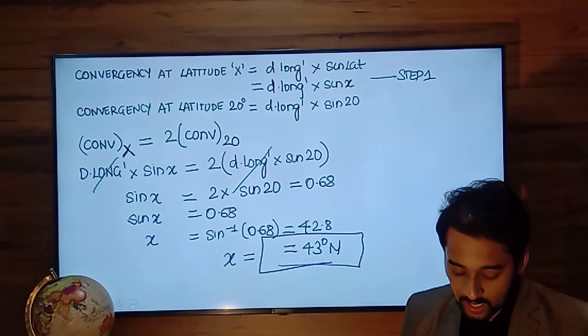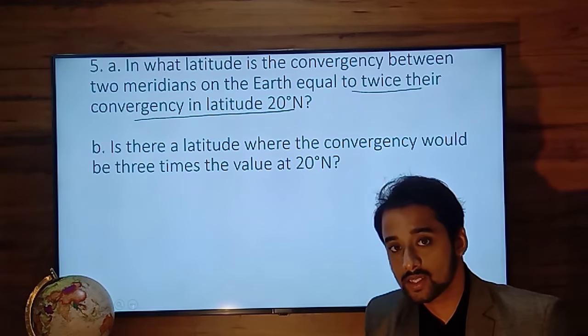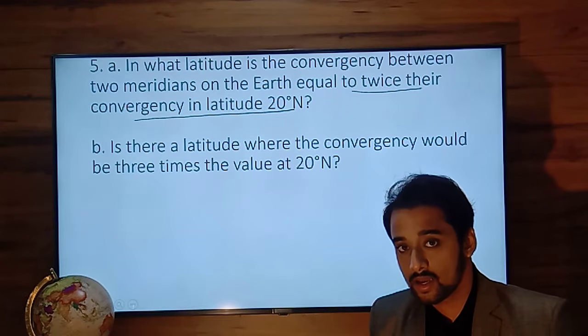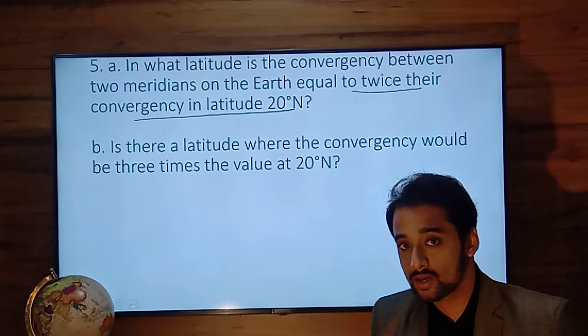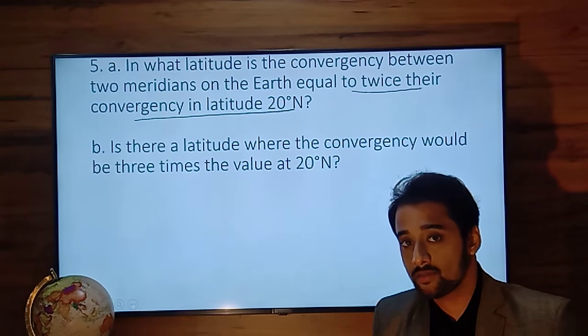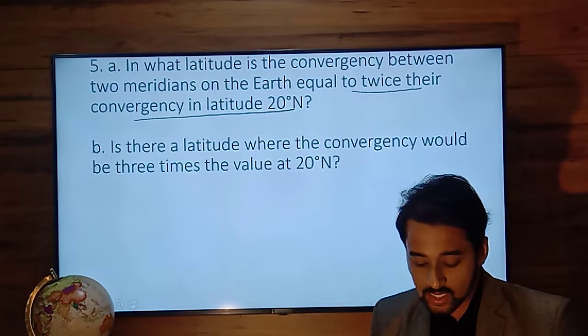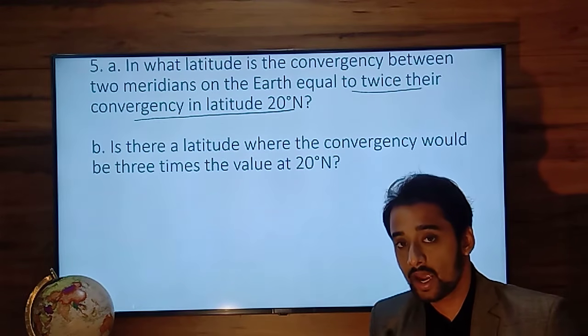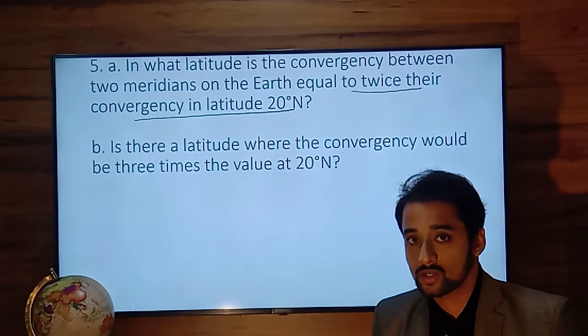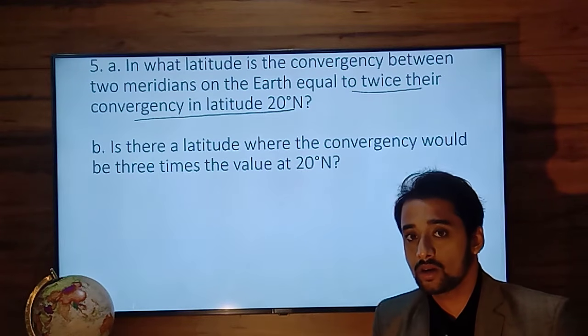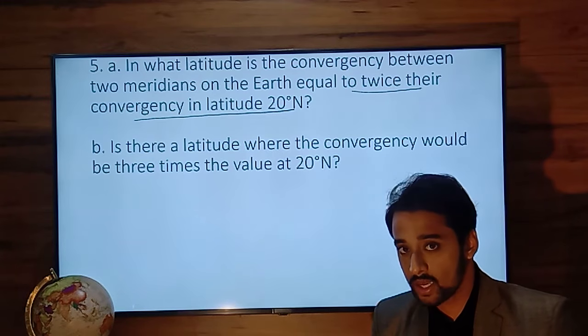That means the 20° north latitude has a convergency of something.